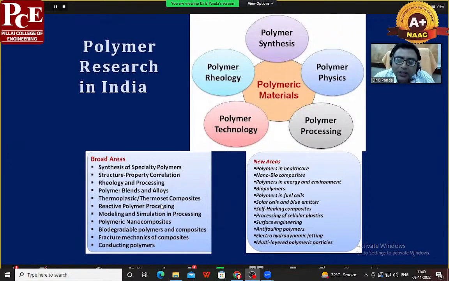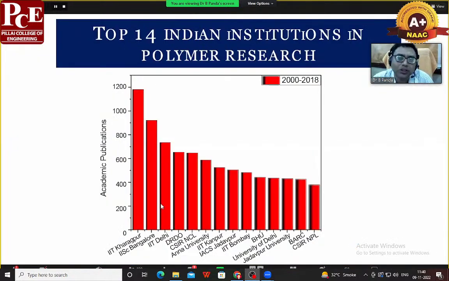You can see the spectrum where polymers can be used, and now we are talking about specific applications: anti-fouling polymers, people are talking about paint, solar cells. The names are self-explanatory, where we can use polymers in particular applications. People are doing much more application-oriented research in India.